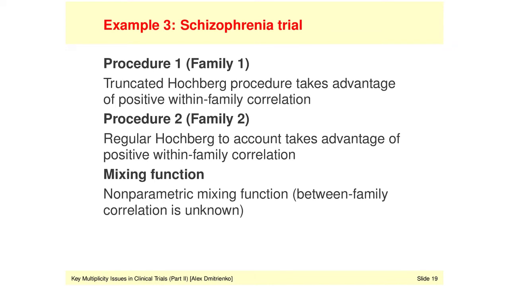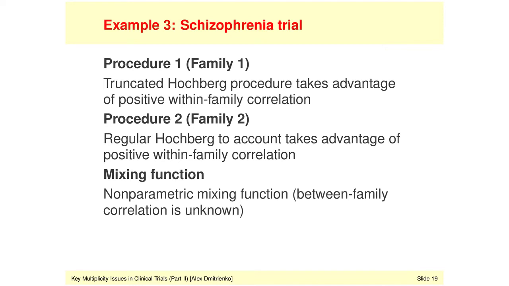To quickly summarize what we have discussed, we have talked about the possibility of employing a generally inefficient non-parametric gatekeeping procedure or a very efficient fully parametric gatekeeping procedure in example 3. Unfortunately, in this particular case, an efficient multiplicity adjustment based on a parametric gatekeeping procedure cannot be utilized.